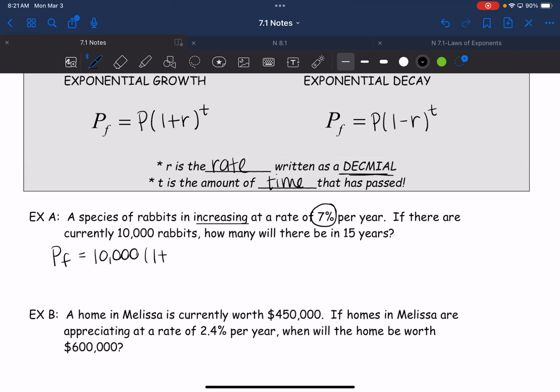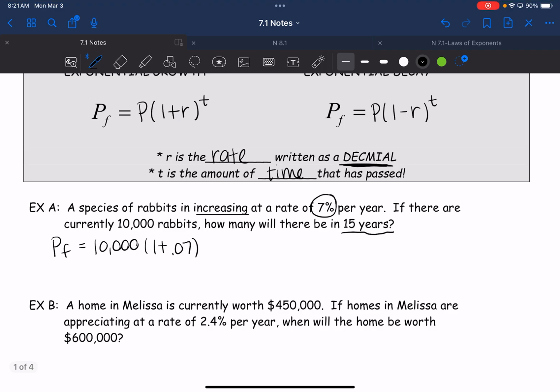Remember, we should write that as a decimal. What is 7% as a decimal? Right? So 0.07, raised to the t. Remember, t is the amount of time over which this is happening. And they said this is happening over the course of 15 years. So I'm going to raise that to the 15th power.